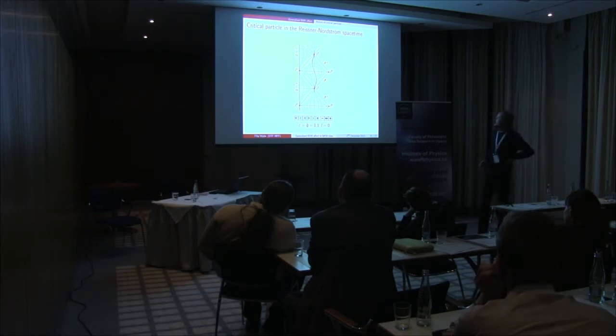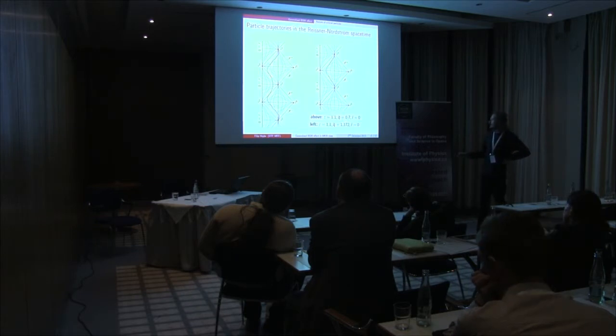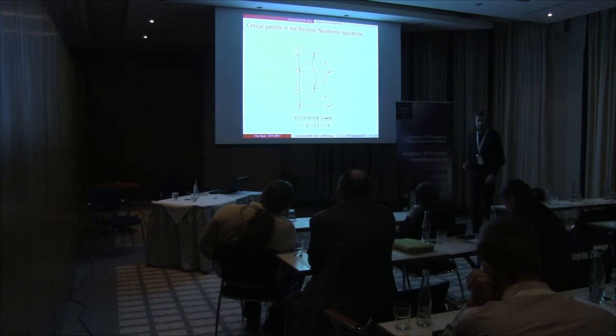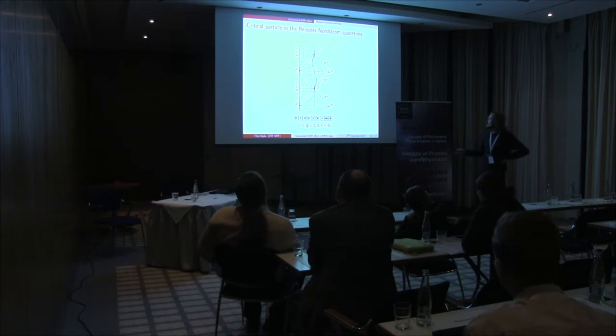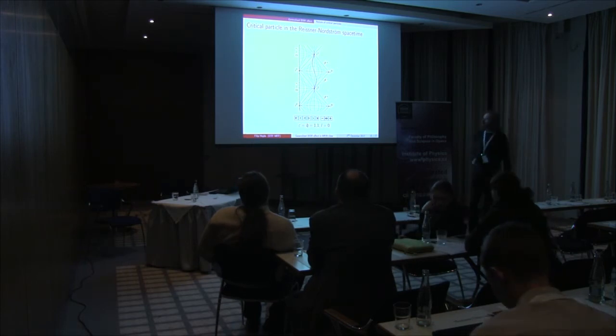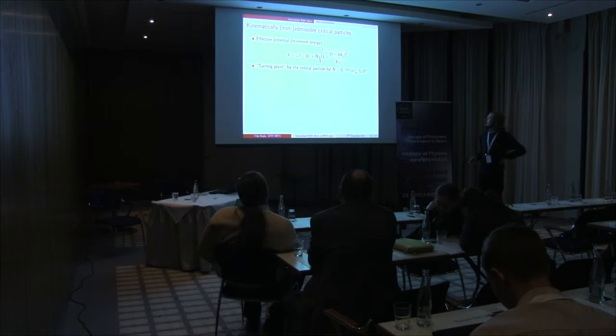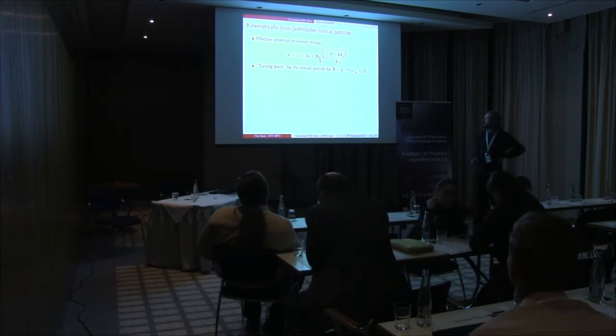The critical particle is different. It does not have this symmetry with respect to the turning point as those two trajectories have. In fact, it asymptotically approaches the coordinate position of the horizon. That can be better seen from the effective potential.